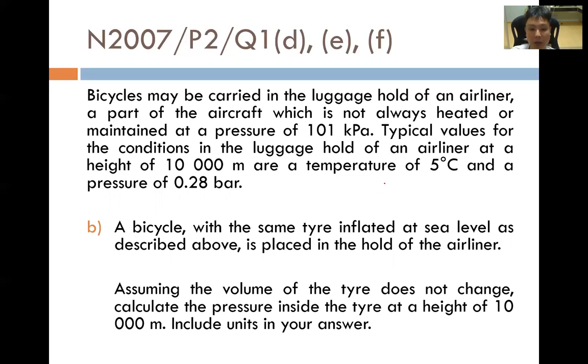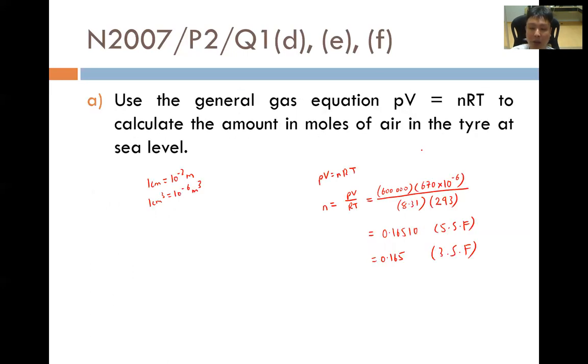So of course, we go back to PV equals nRT, and in this case, we want the pressure, right? So we would rearrange the equation to get this. The number of moles is as previously calculated because the amount of gas inside the tire does not change when you change the temperature and the pressure.